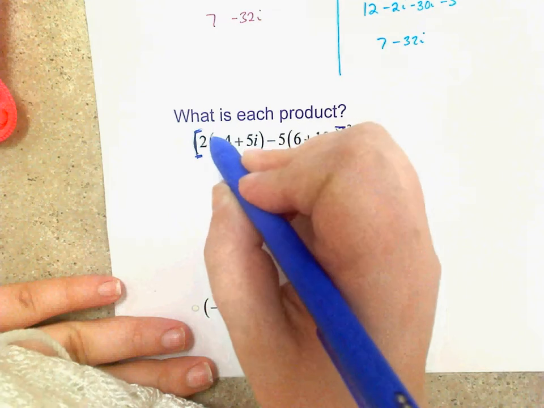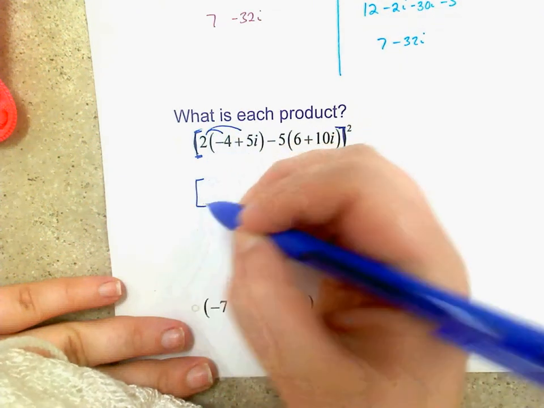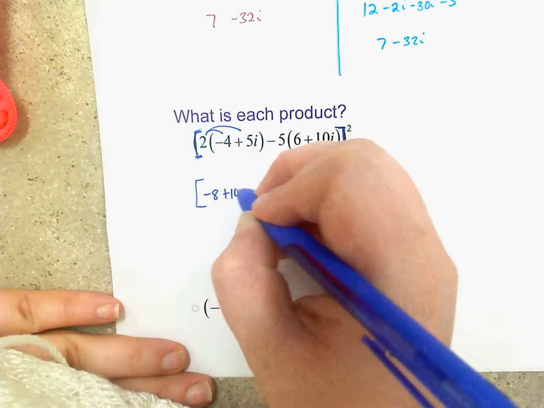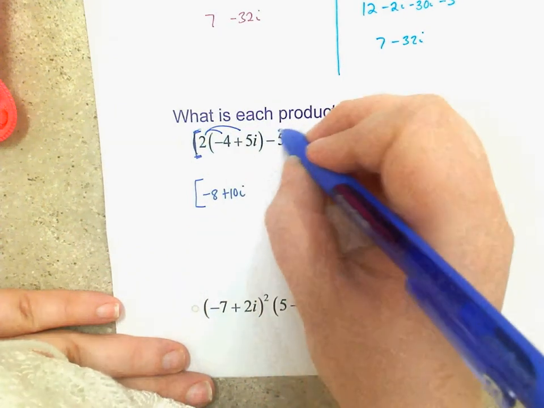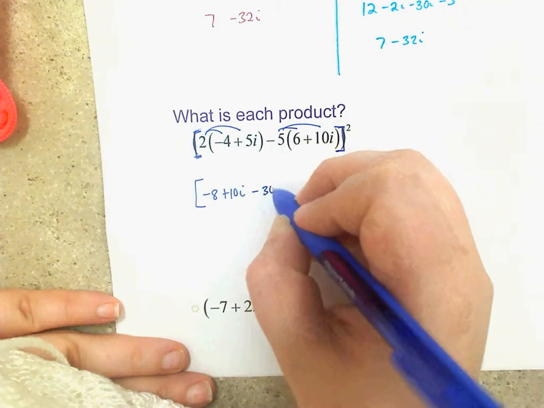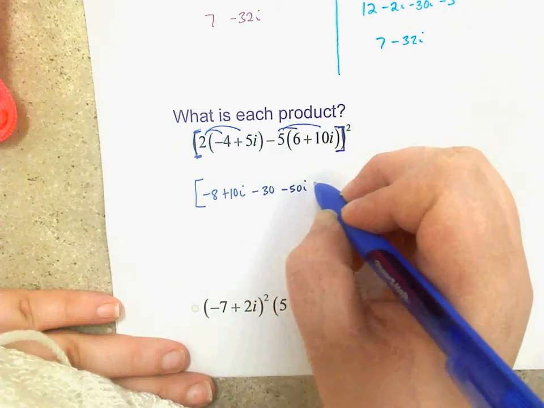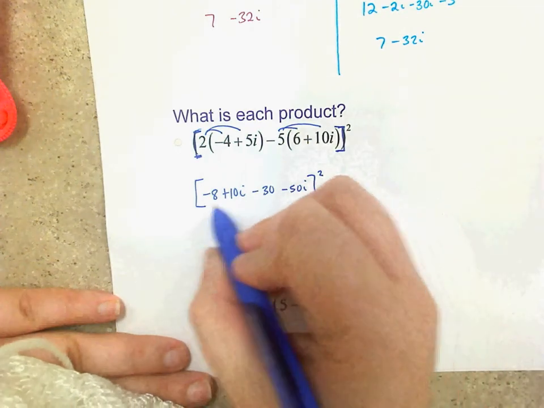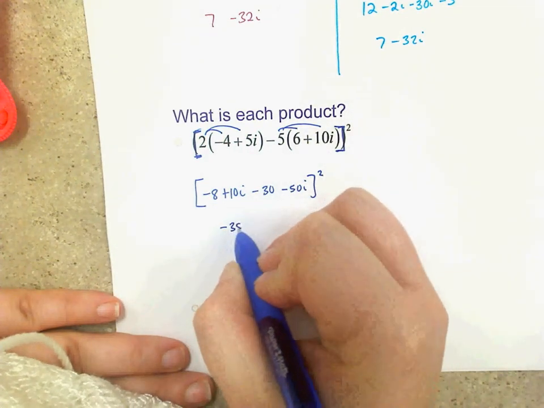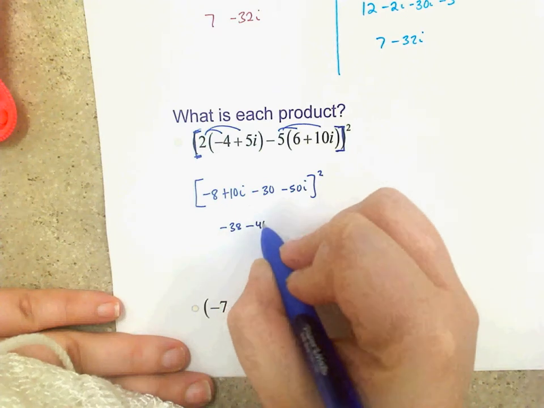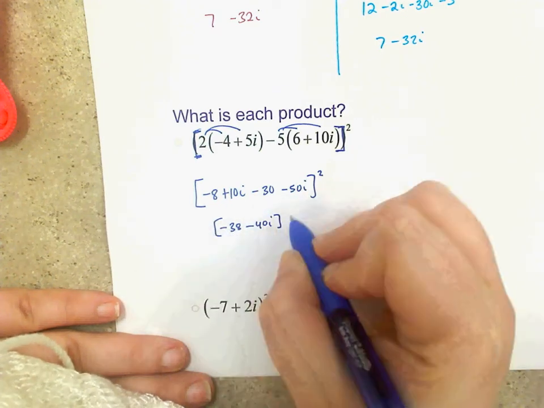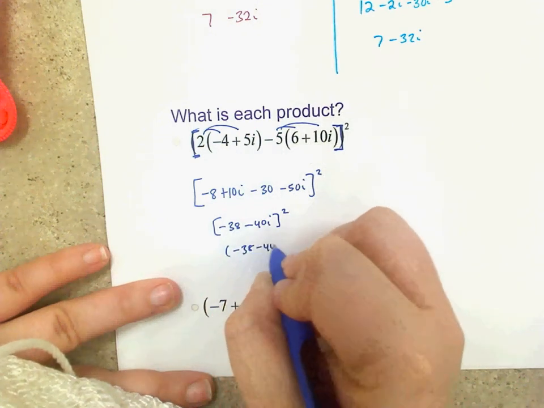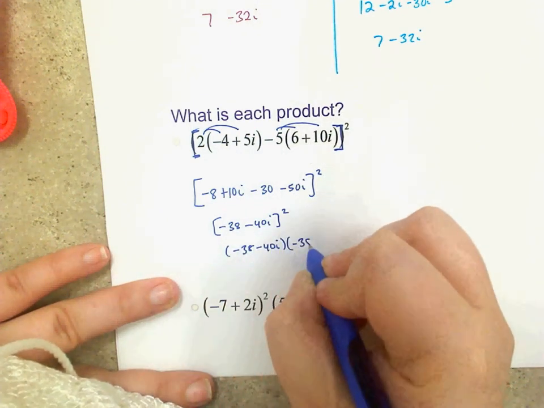Negative 8 plus 10I minus 30 minus 50I squared. And then I can combine like terms in the interior. Negative 8 minus 30 is a negative 38, and that is a negative 40I. Now we're squaring that, so that means multiplying negative 38 minus 40I times negative 38 minus 40I.